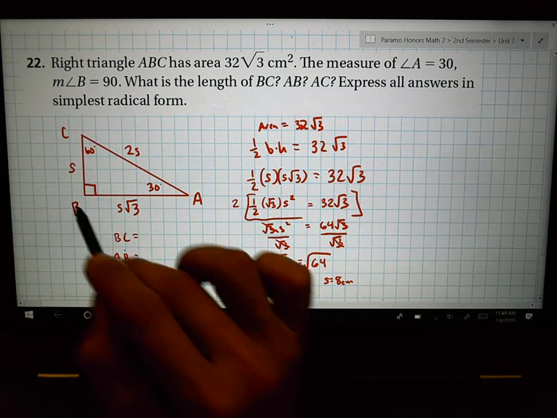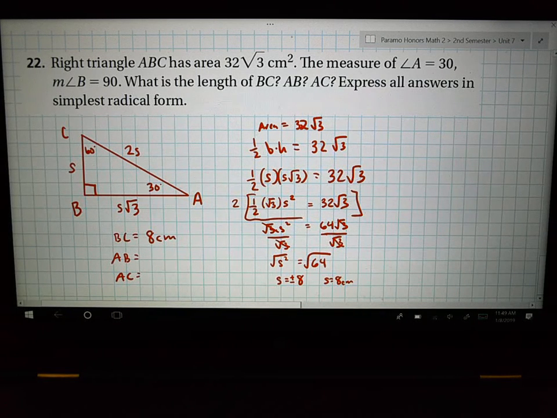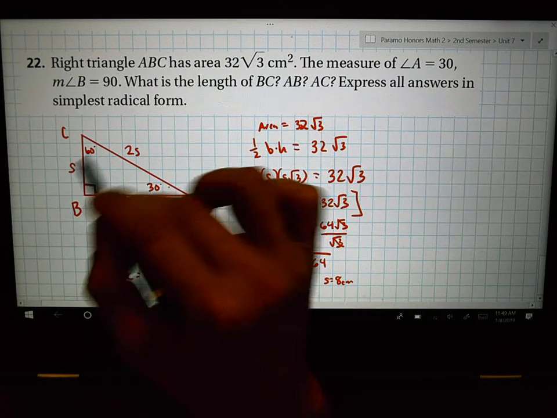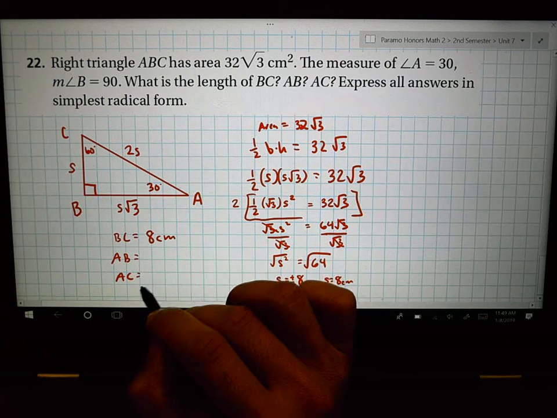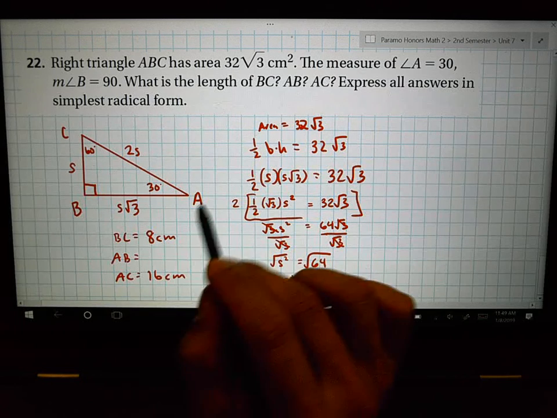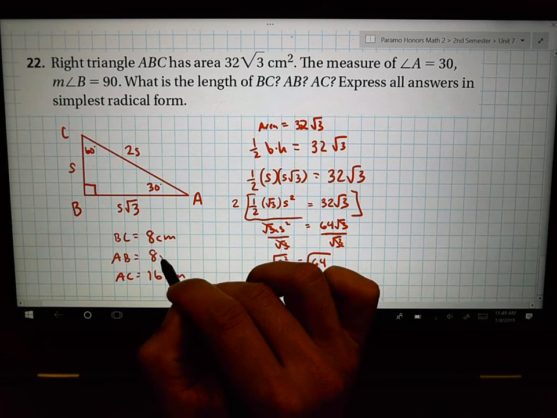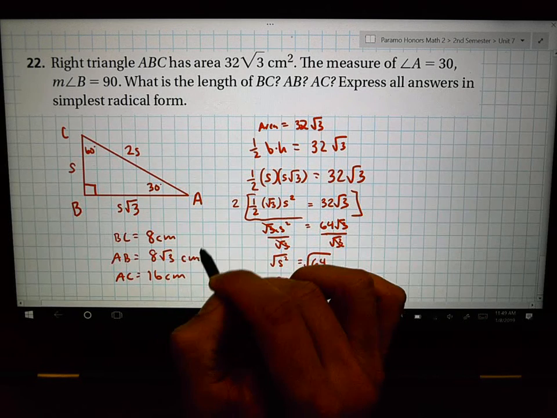BC is 8 centimeters. AC is double that. AC is 2 times that amount, 16 centimeters. AB, on the other hand, in simplest radical form, would be 8 root 3 centimeters. That's the answer to the question.